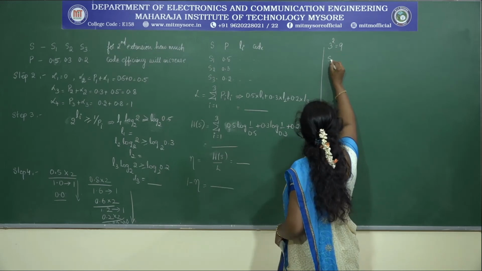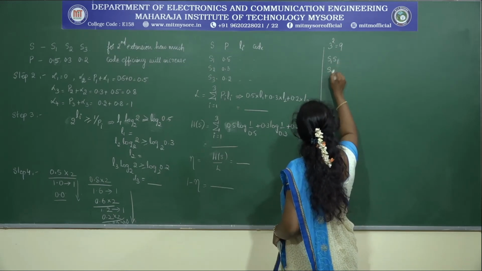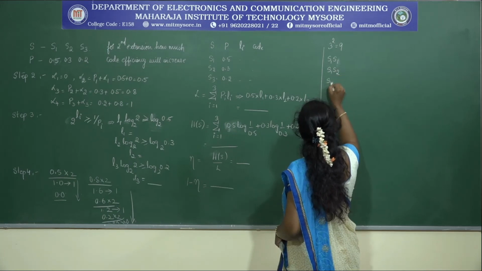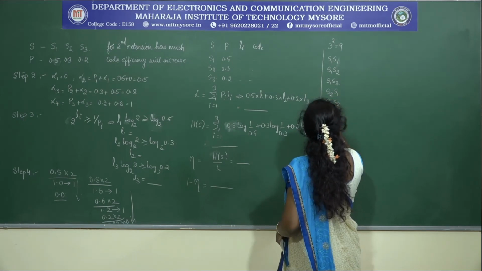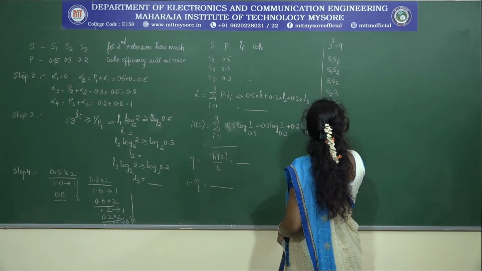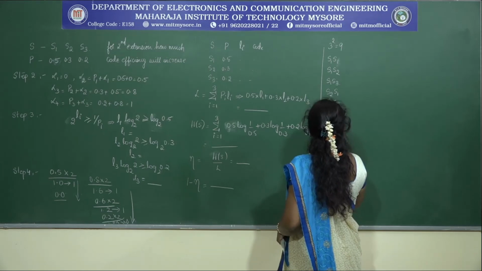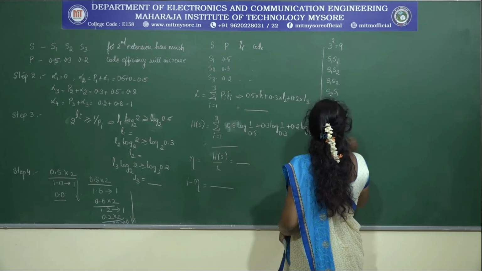So that is S1 S1, S1 S2, S1 S3, then we have S2 S1, S2 S2 and S2 S3, then we have S3 S1, S3 S2, and S3 S3.